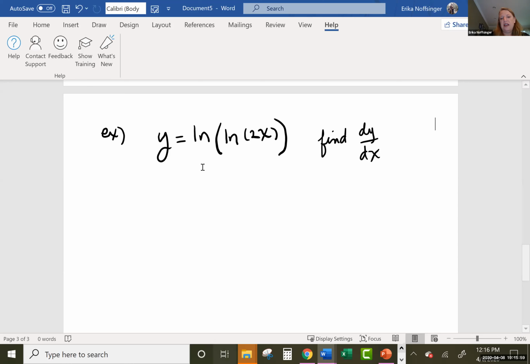Okay, so I need to look at what type of things I'm doing here when I take the derivative. And so I have a natural log of a natural log function. So to me, that's telling me that I'm using my chain rule.